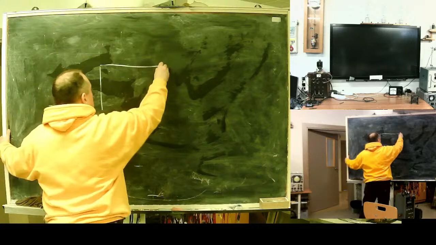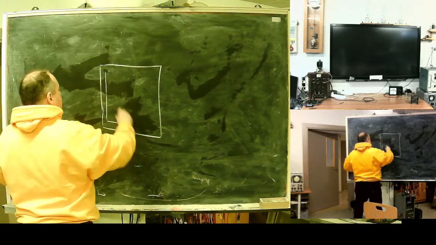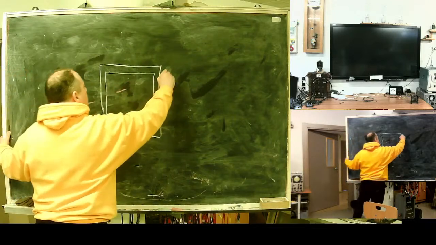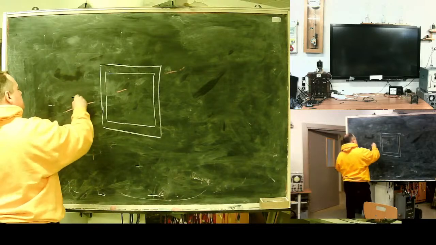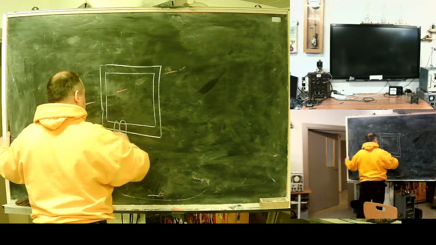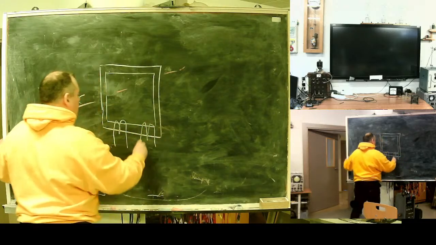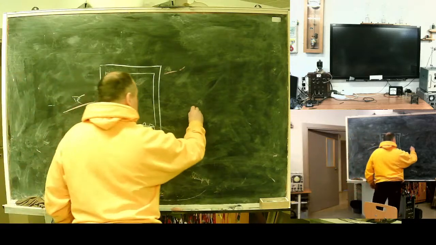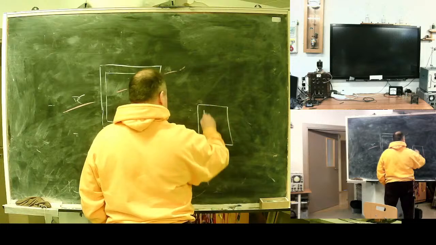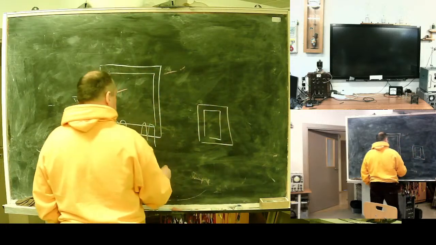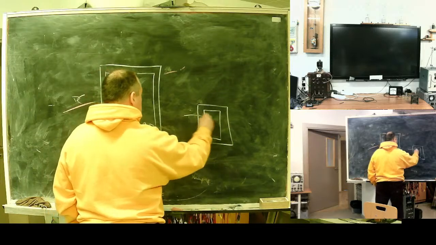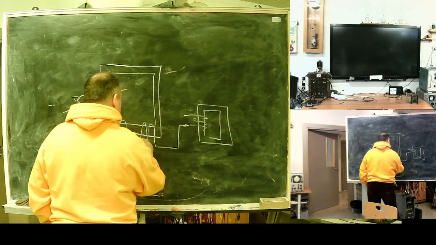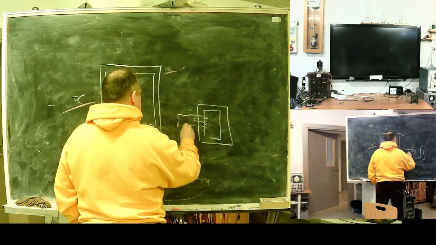A thin frame, this is the DC line, and it has two coils. Not this, but this way.